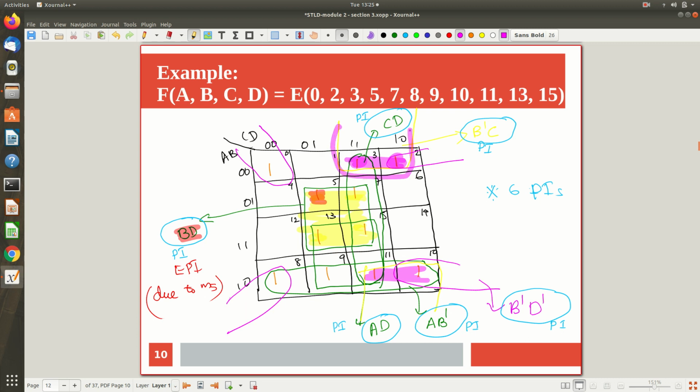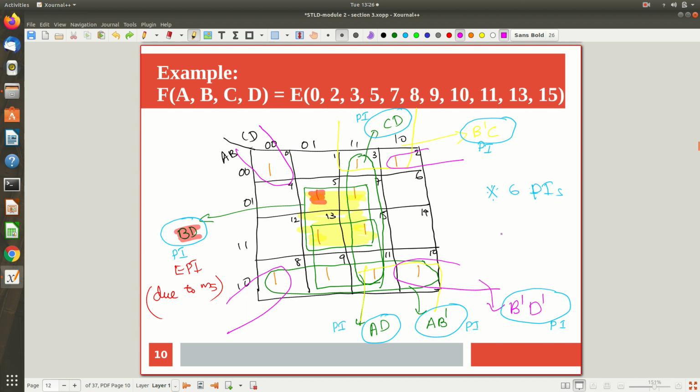This one is part of this grouping, as well as this three corner grouping. So that is also not a reason. Now this one is part of many groups, this group and this group, and this is part of this group as well as a four corner grouping. So nobody is making that B dash C an essential prime implicant. Sorry, it is a prime implicant, but it is not an essential prime implicant.